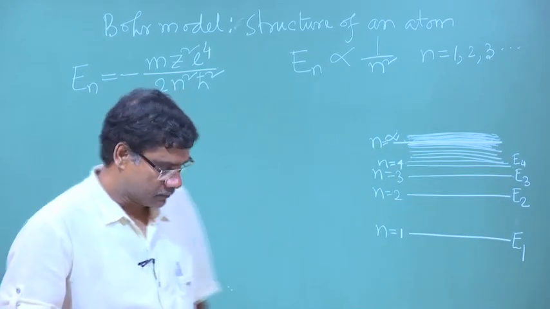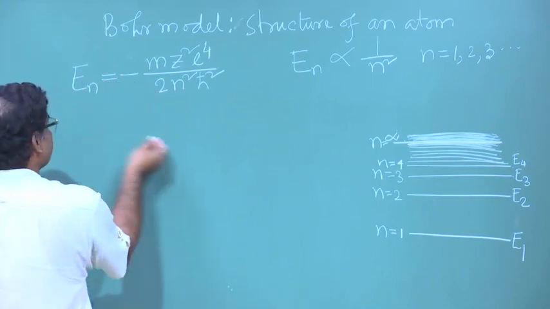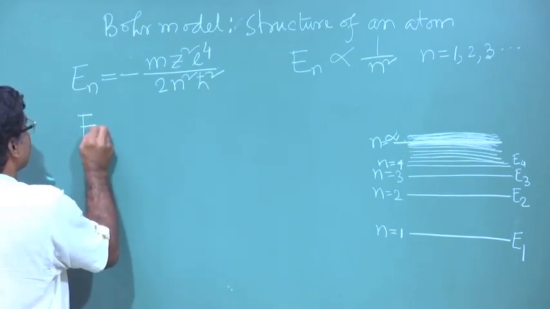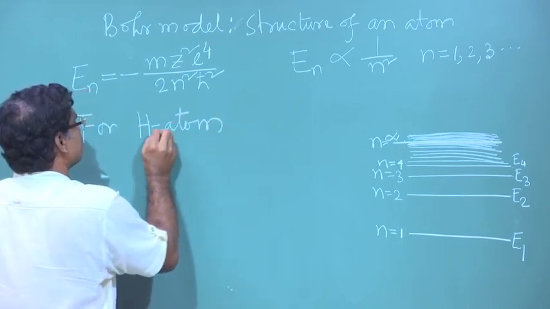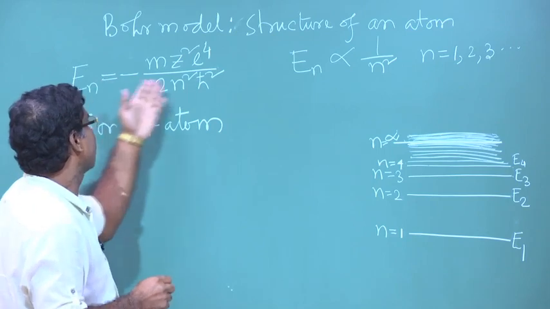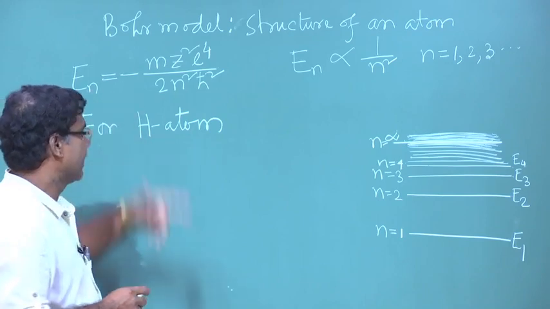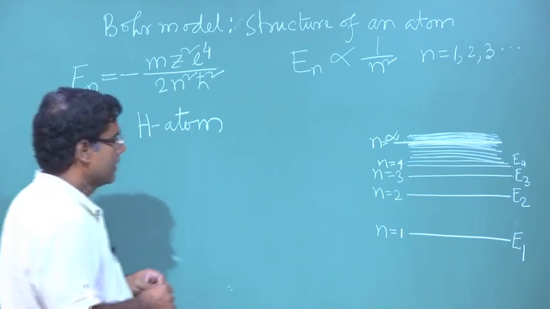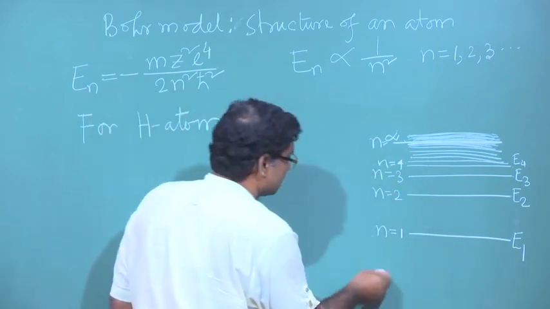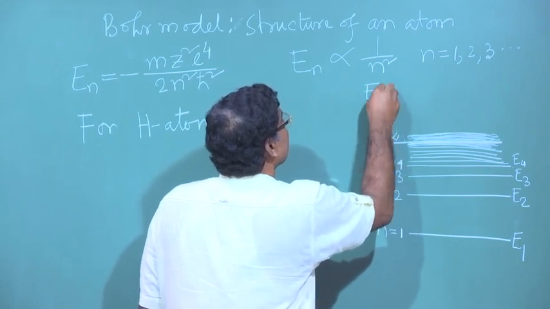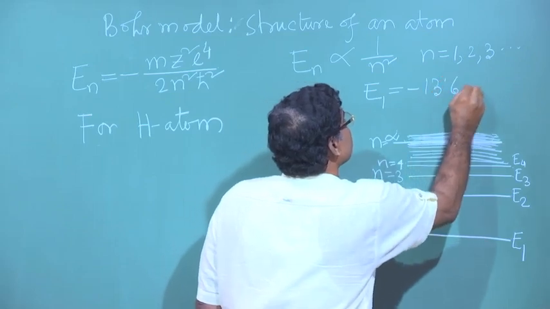For a hydrogen atom, if we put n equal to 1, then E1 you will get minus 13.6 electron volt.